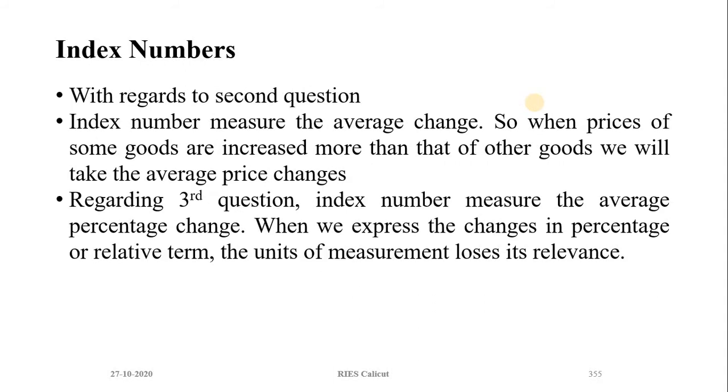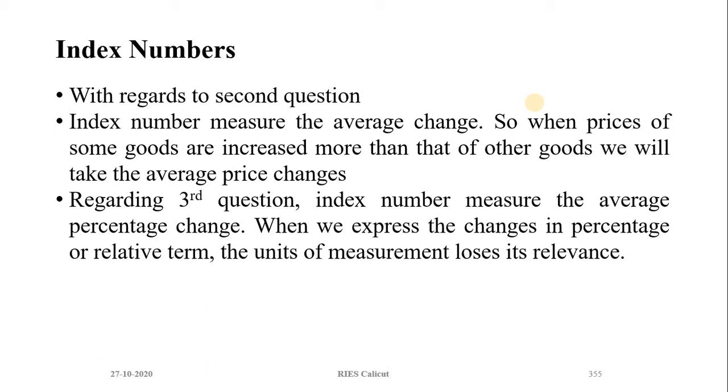With regard to the second question, the index number will measure the average changes. When the prices of some goods increase more than those of other goods, we take the average price change.